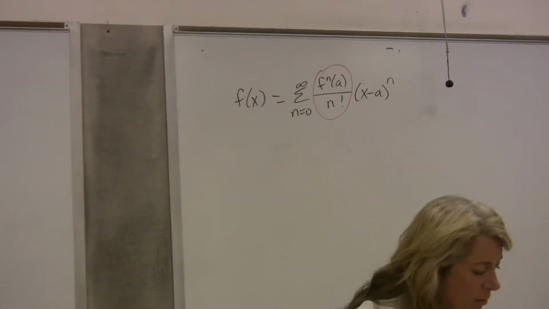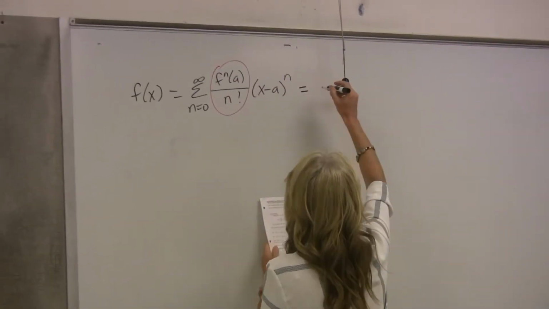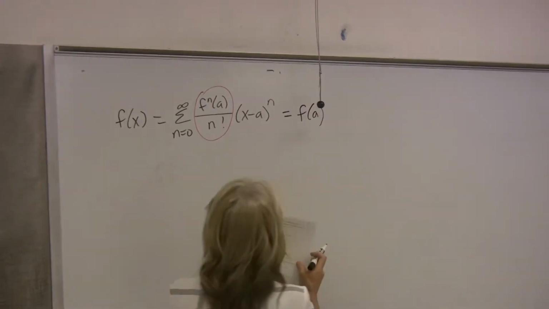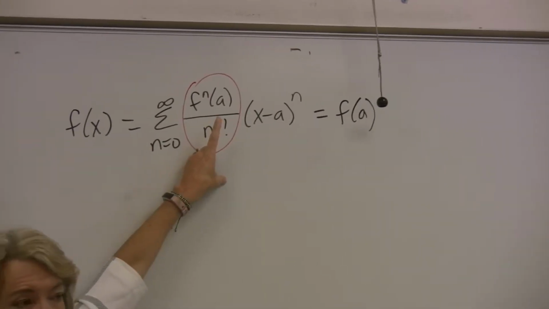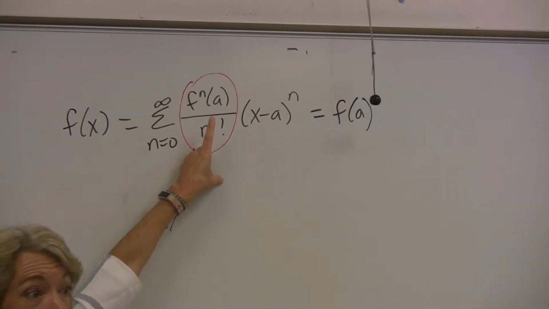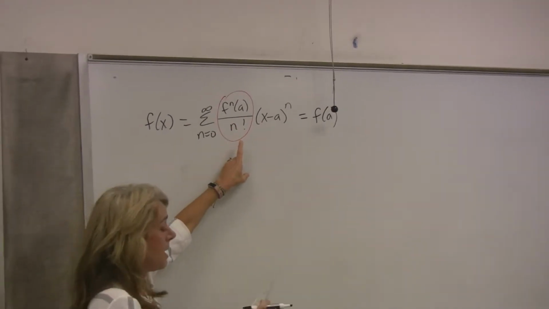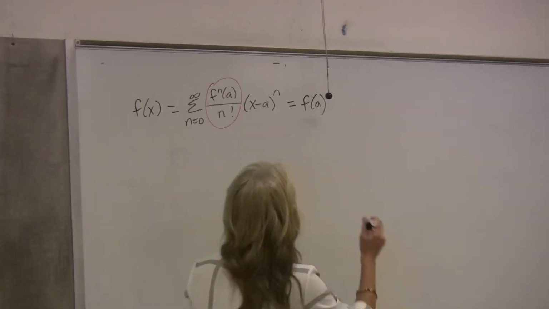I think it actually helps to write out what that means, which I have on your paper, and now you can copy it. The first one is f of a, because when I plug 0 in there, the 0th derivative, there is no derivative, that's just your function evaluated at a. The 0th derivative means you haven't taken any derivative. Now, I'm going to add something that's not on your notes, so I'm going to use another color so that you see it.